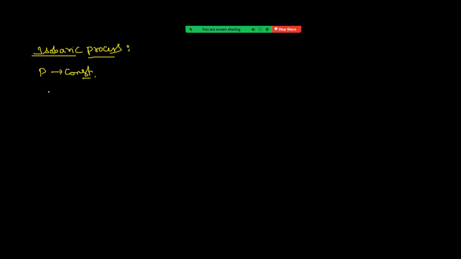See from this what we can write. If we are taking gas equation, so PV equal to nRT. So when P is a constant, then we can say volume is proportional to absolute temperature, right?